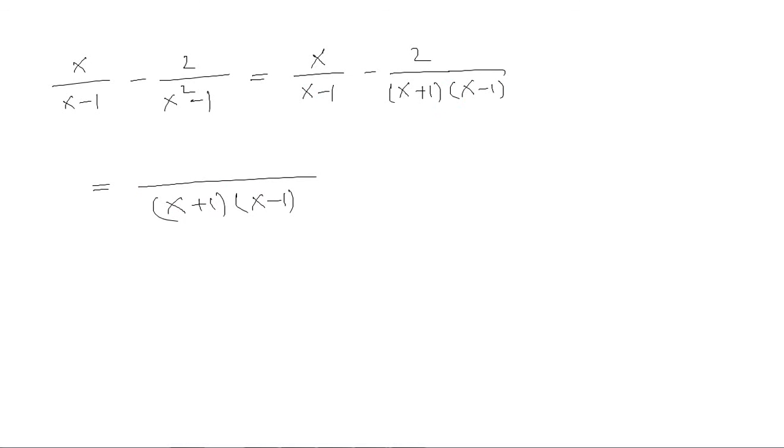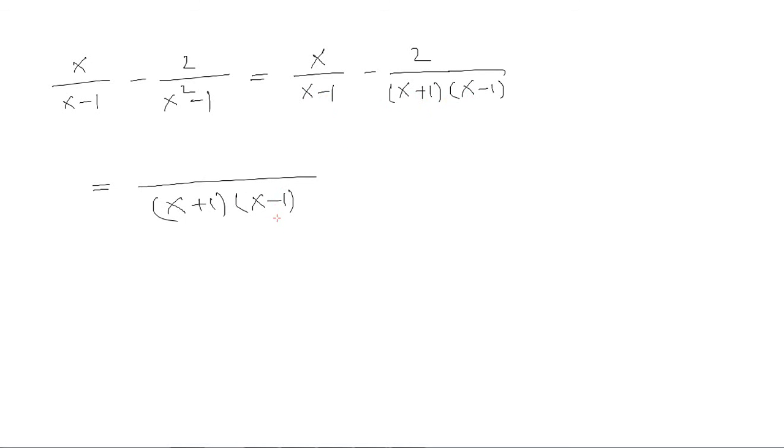Generally, for making the least common denominator, you have to have all the factors that you see in all the denominators. So here I have a factor of x minus 1, I have a factor of x plus 1 and x minus 1. So there are actually just two factors, x minus 1 and x plus 1, and I have both of them in my denominator.